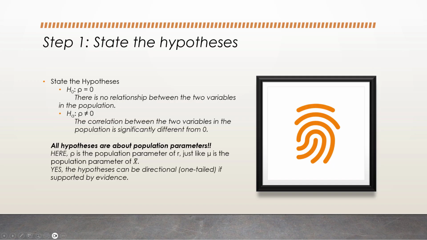The null hypothesis H0 is rho equals 0, stating that there is no relationship between the two variables in the population. The alternative hypothesis HA is rho does not equal 0, indicating that the correlation between the two variables in the population is significantly different from 0. Here, rho represents the population parameter of R.